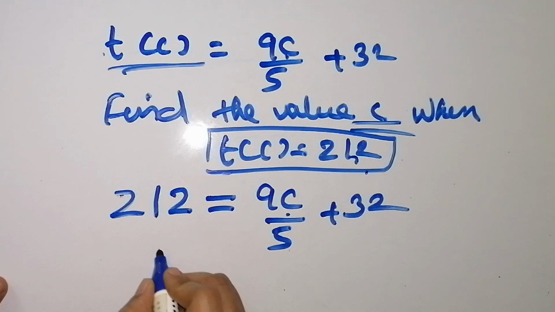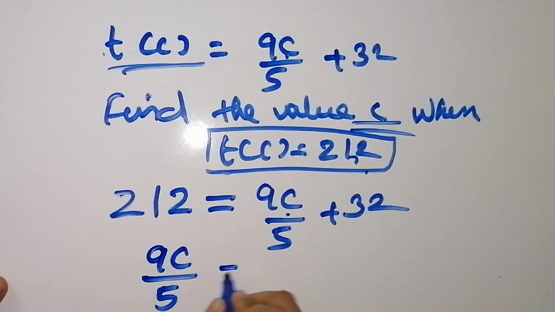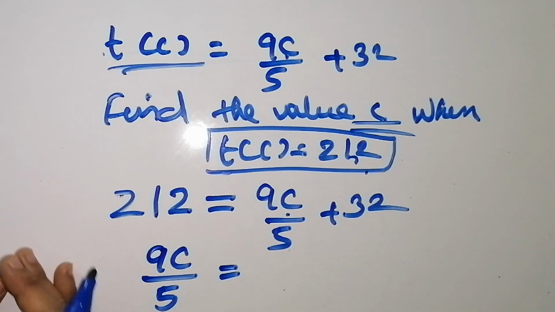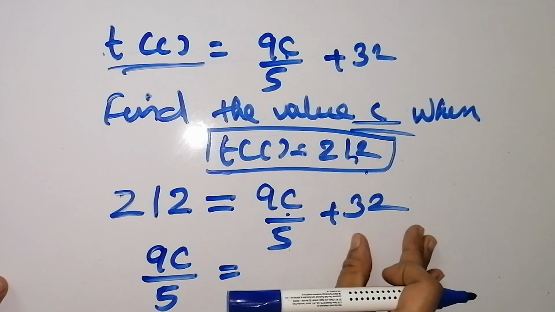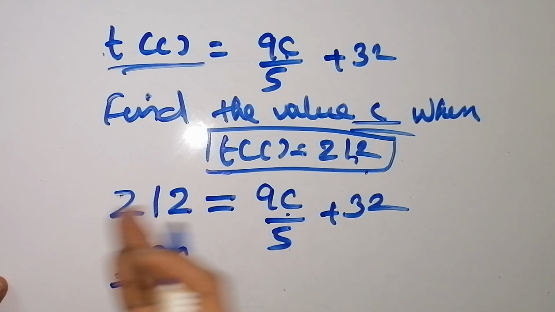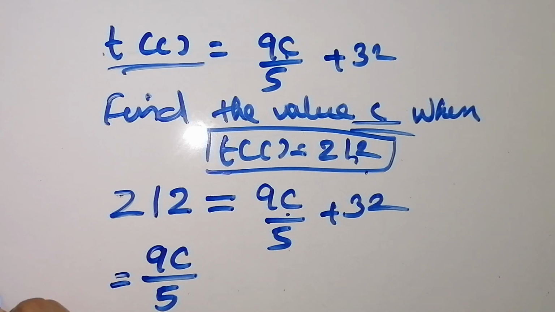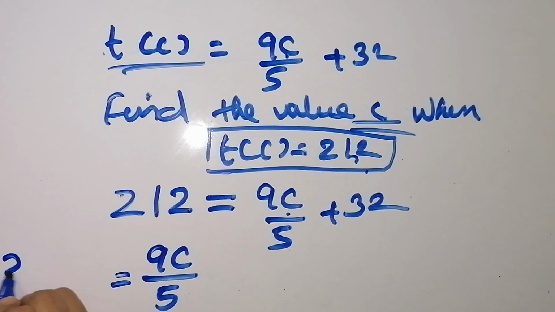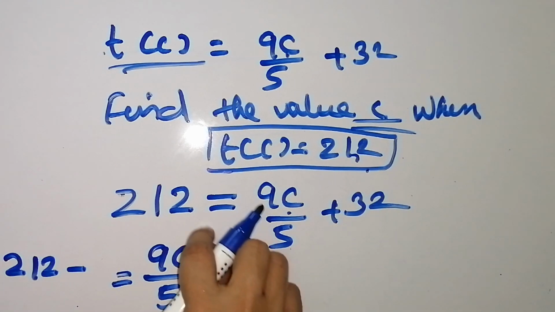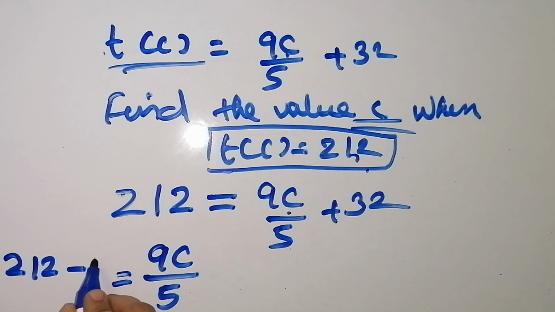After that we keep 9c divided by 5 here, and we move this 32 to the left side of the equation. That is 212 minus, this plus is moved to the left side and changed into minus. That is 212 minus 32 is equal to 9c divided by 5.